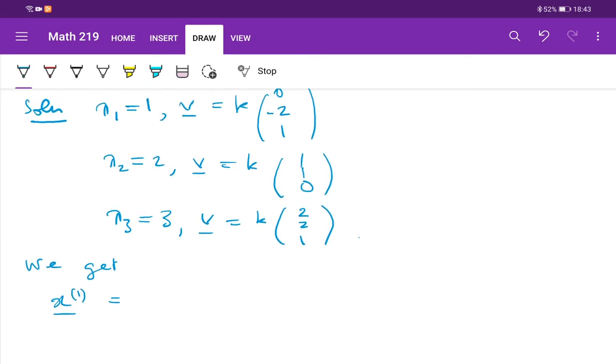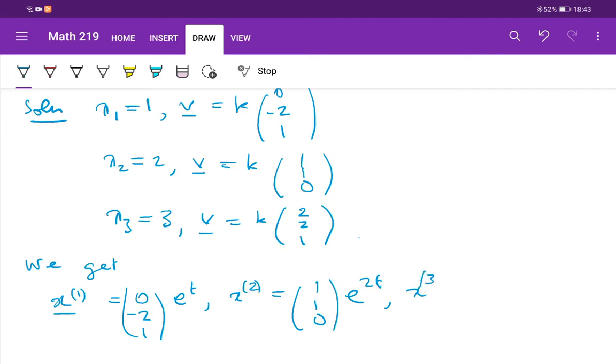So put k equals 1, so you get 0, minus 2, 1, e to the t, x2, e to the 2t, and x3 is equal to 2, 2, 1, e to the 3t.